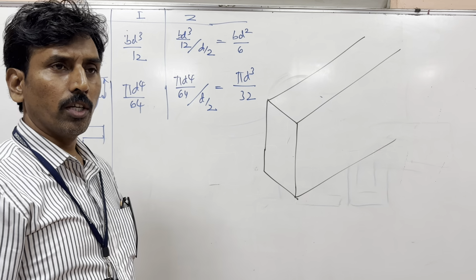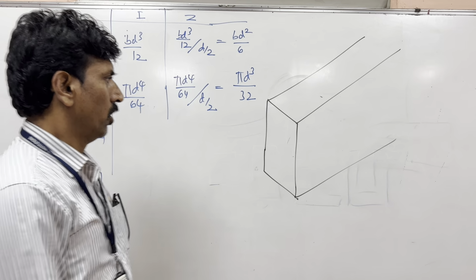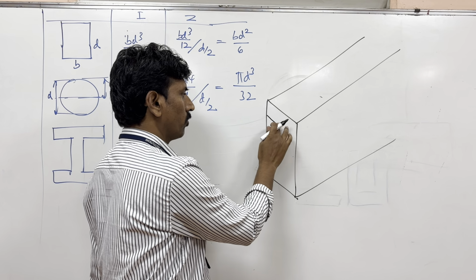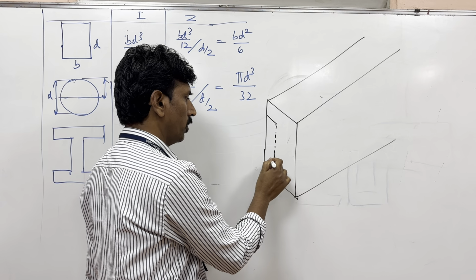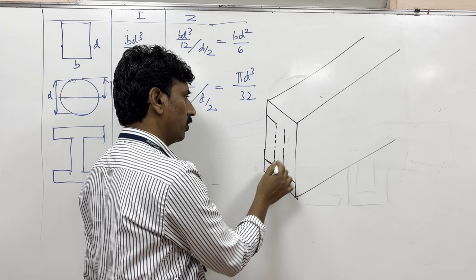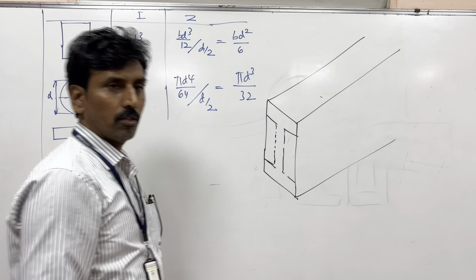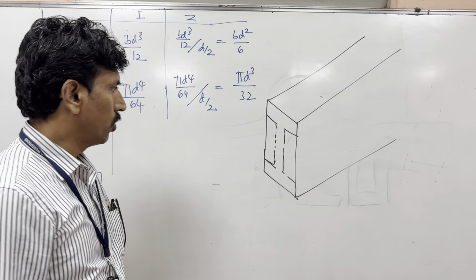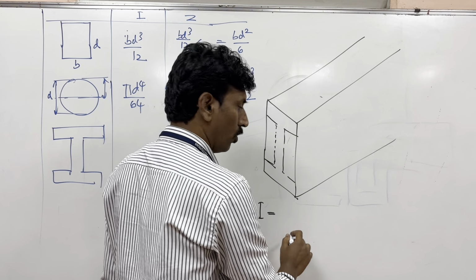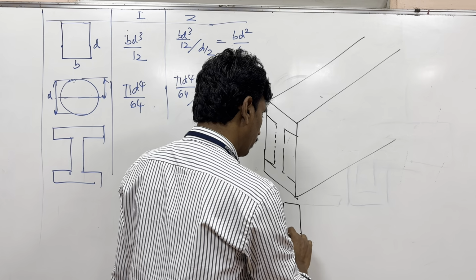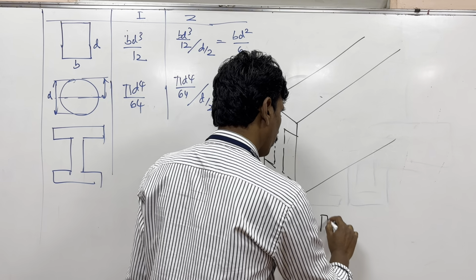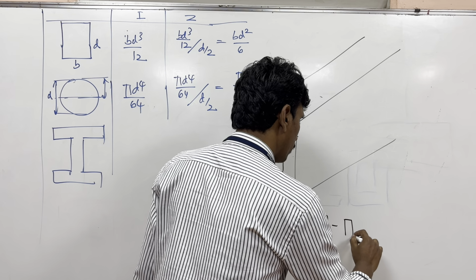Now, why is this I section different from a rectangular section? If you remove material here, if you remove this material here, then it becomes an I section. So the I section is basically equal to the whole rectangle minus these two small areas.